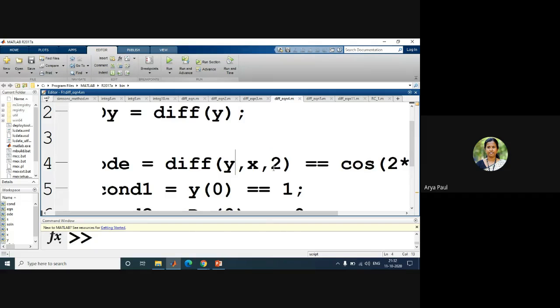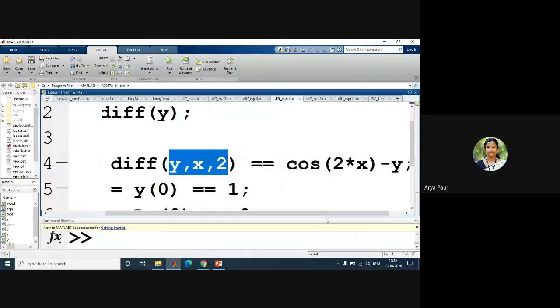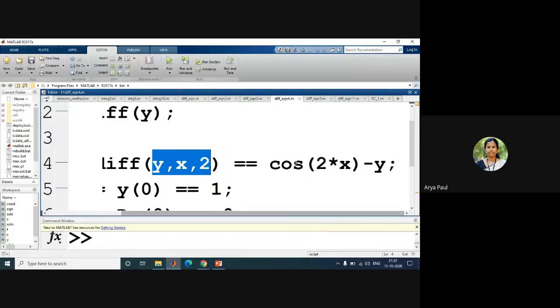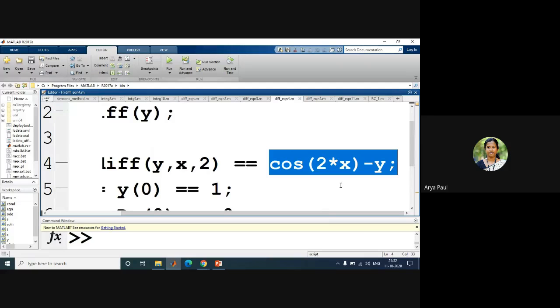So you are doing the differentiation: y comma x comma 2, for the second order. Then you write the equation equal to cos 2x minus y.